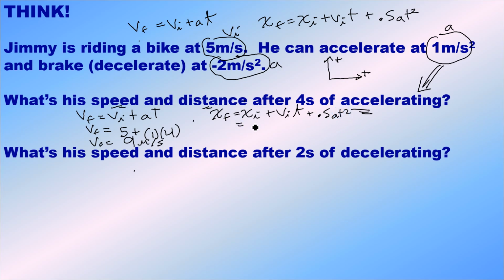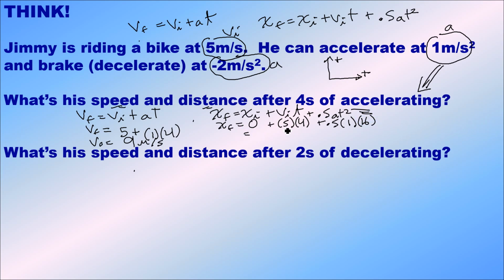We aren't given an initial position, so we'll say that's 0. His initial velocity is still 5. Our time is 4. Then we have 0.5 times 1 times time squared. The time I'm given is 4, so time squared is 16.